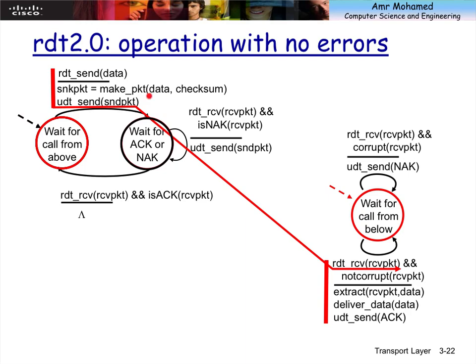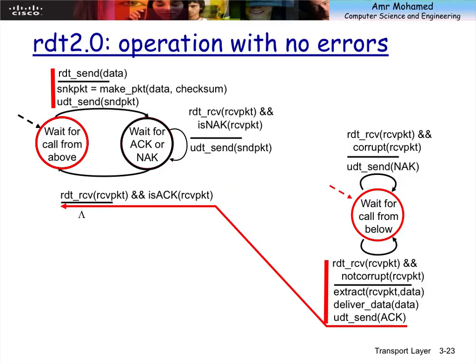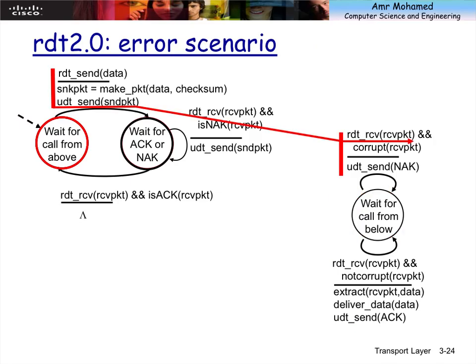So send will make the packet and send it, which will trigger this event, reliable data transfer receive. If it's not corrupt, then I will deliver the data up and send the acknowledgement. When it arrives here, I don't have to do anything.